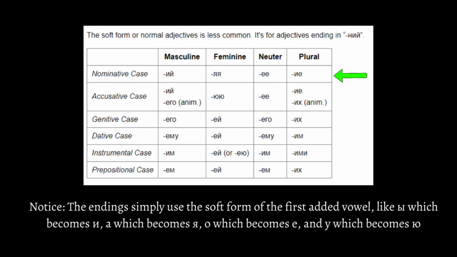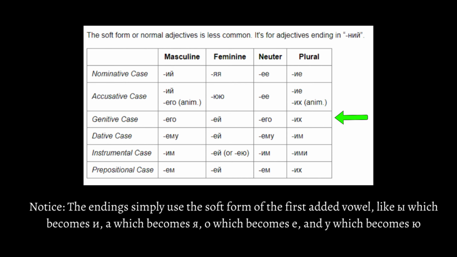In the nominative, a masculine adjective ends in I, a feminine ends in yaya, a neuter ends in yeye, and a plural ends in iye. In the accusative, the pattern is I or yevo, you, iye, and iye or ich.